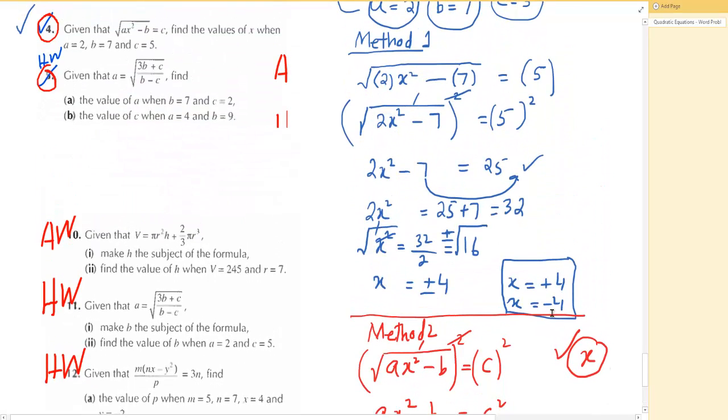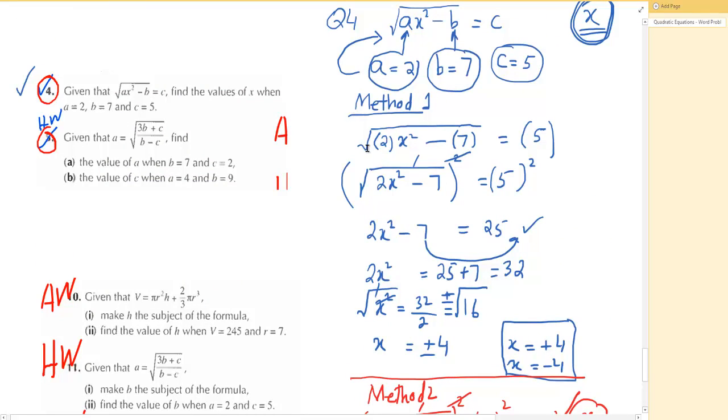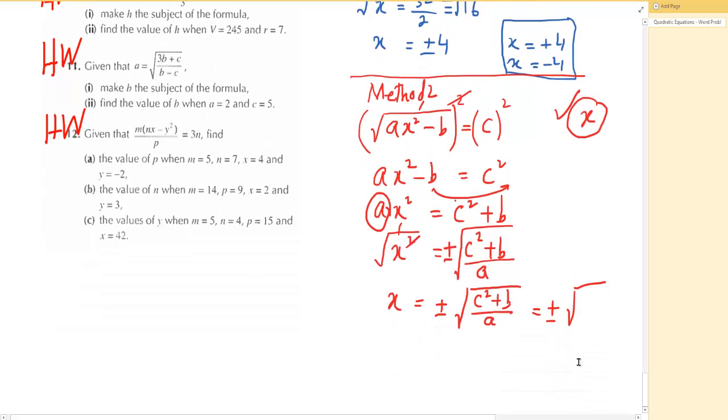No, in the first method, I put the values at the start of the question, and I solved that question and got the answers x equals 4 and x equals minus 4. The second method is that you first make x the subject. Once x is the subject, then put the values of a, b, and c. So there are two different ways to solve this question, and you can take any method you like. I am mentioning both of them so that you can compare both methods and see which is suitable to you.